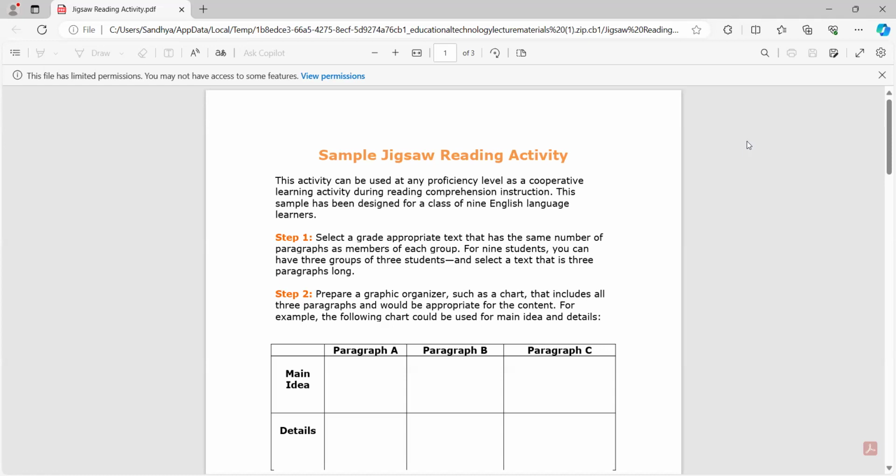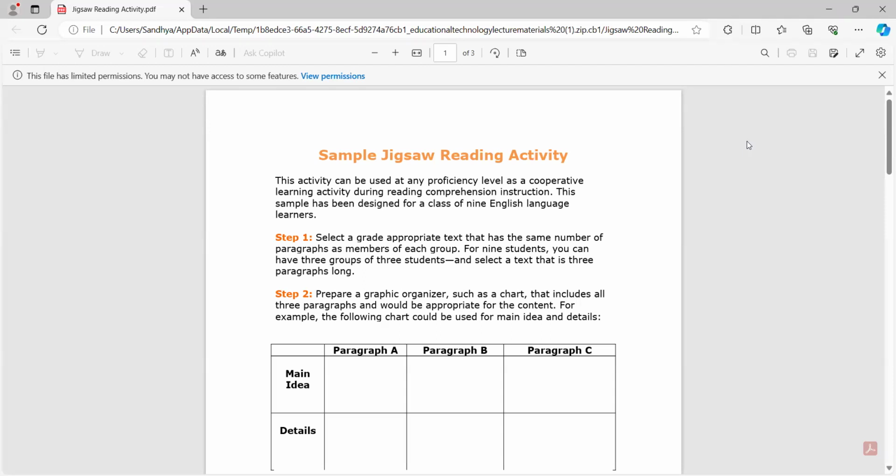Then the second step. Now you distribute the parts of the lesson to the jigsaw members. Suppose you have a class of 20 students, and you chunk your reading passage into 4.